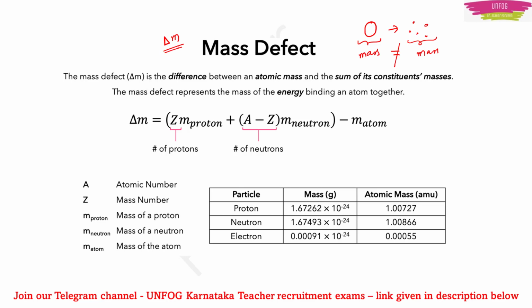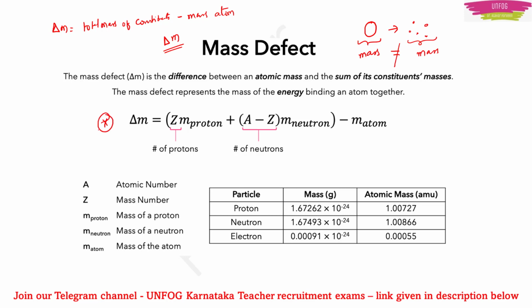And the formula, obviously, what will be the formula? The formula for delta M or mass defect should be the total mass of constituents minus mass of atom. Correct? This only should be there, right? So no need to get scared by seeing the formula.